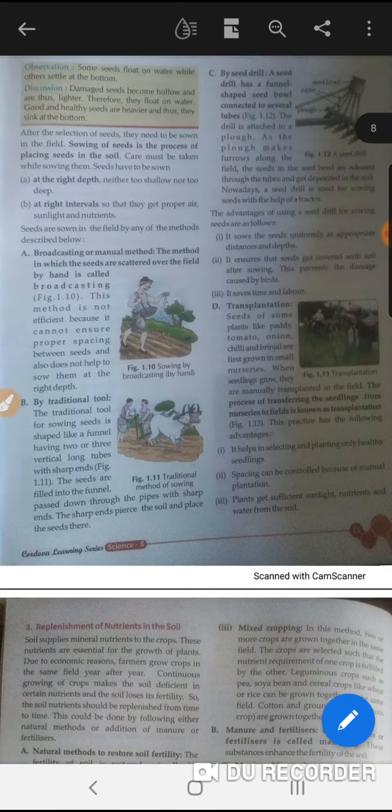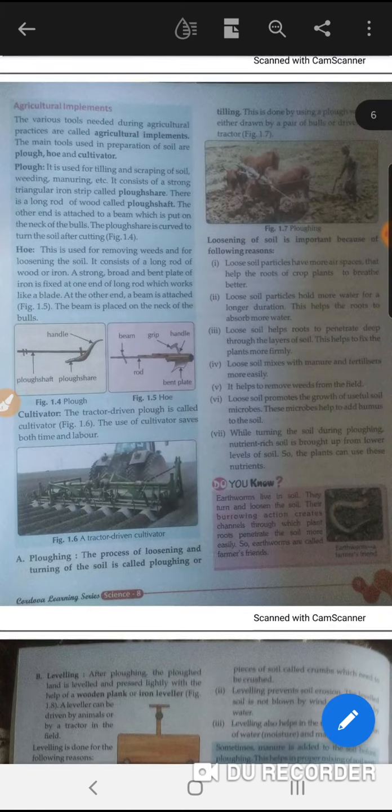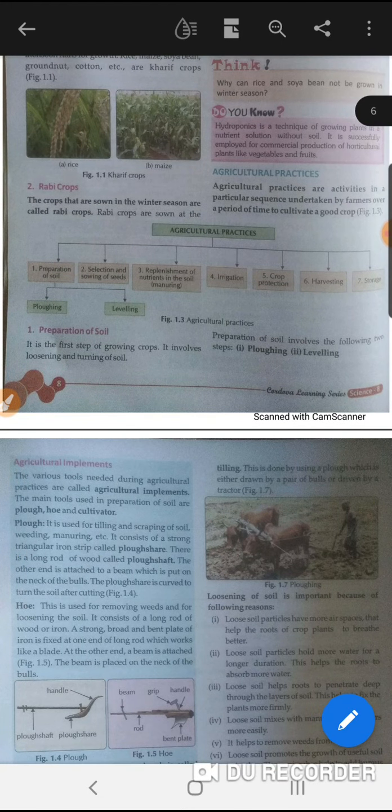So, in our last class, we studied the introduction of the chapter that includes definitions of agriculture, crop, horticulture, crop patterns, and the main types of crops, that are rabi crops and kharif crops. We have also discussed the agricultural practices to be followed for better crop production.